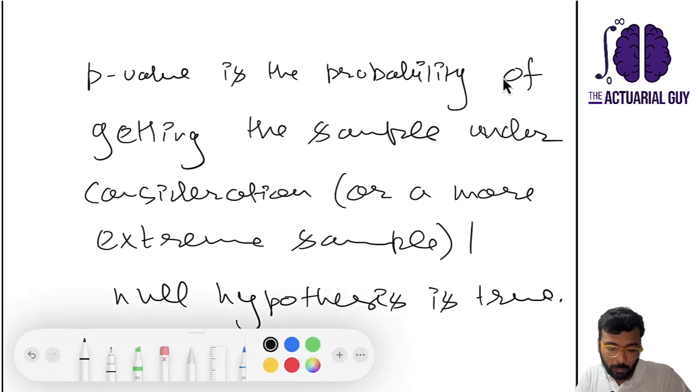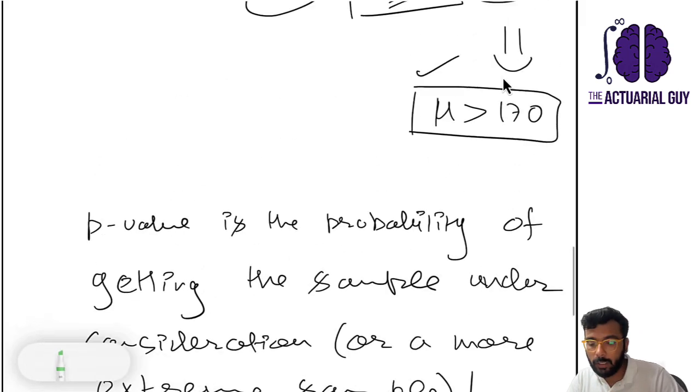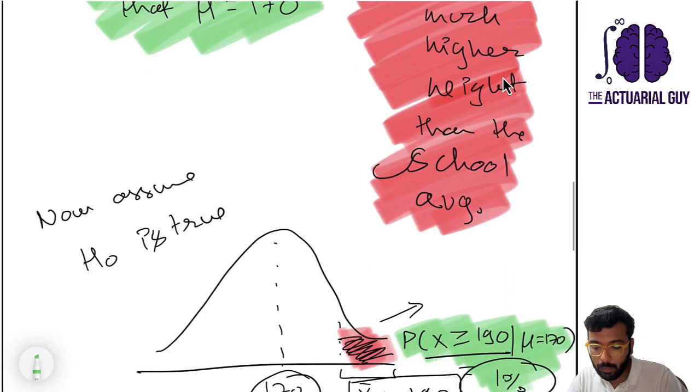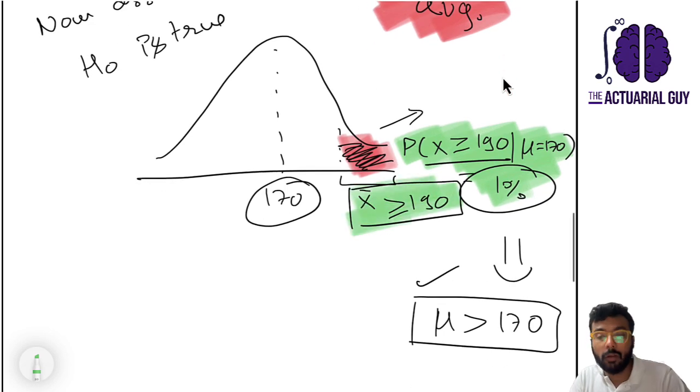What are you saying intuitively? You are saying what is the probability of getting this particular sample with a mean of 190 or more, given that the null hypothesis was true.